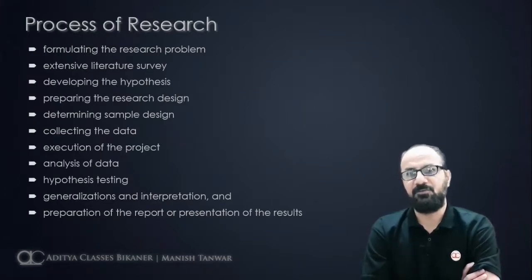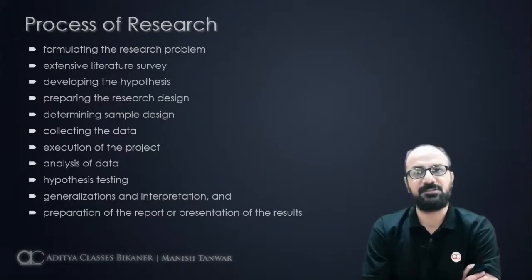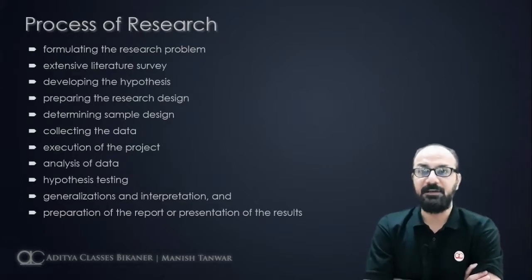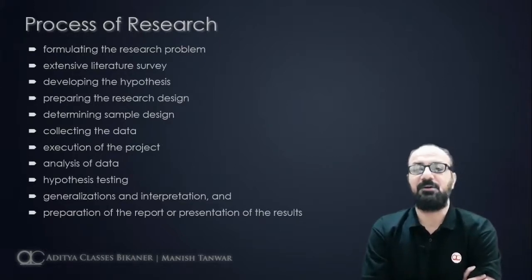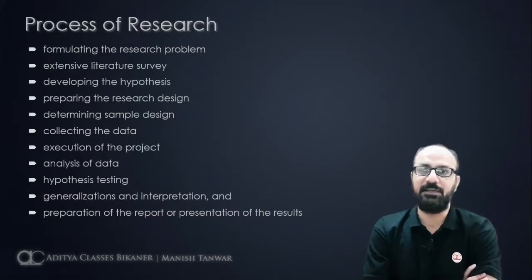We may be very cool, we may be very smart, we may know our research problem from the first step, but this is the step that really tells us what the research problem is, what is the gap that we need to fill in. This is the step that will help you avoid the mistake of reinventing the wheel.